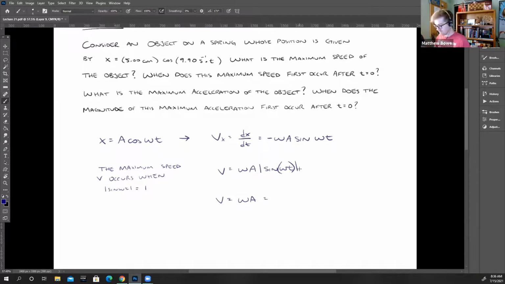The maximum of whatever is in the parentheses, we don't quite know what's in there yet, the maximum sine value can be 1. Otherwise, it's going to be some smaller value. So that's my reasoning why we want this to be 1. Whenever it is, that will be when it's moving the fastest.